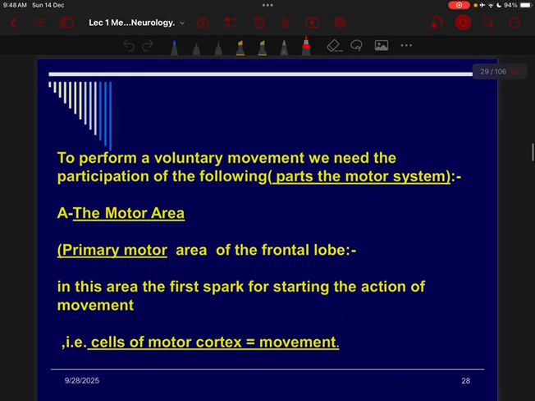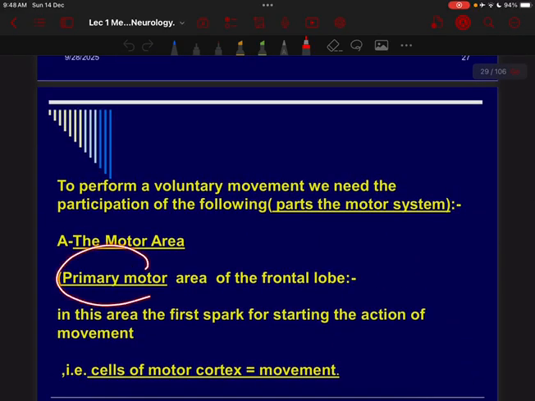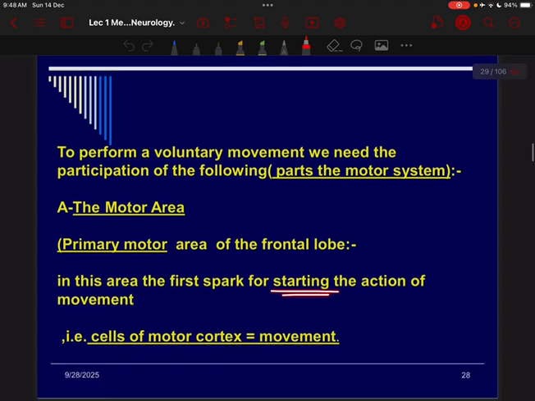Okay, so to perform any motor action, we need the following parts. Number one, the motor area, called the primary motor area. As you saw a few minutes ago, the primary motor area is in the frontal lobe. That part is the starting of the action potential; the signal starts there.